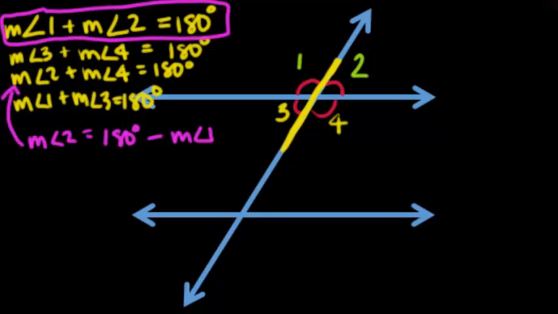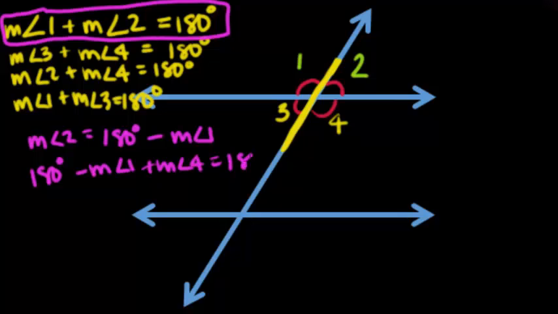And what I can do is then substitute this value into my third equation down. So what I'll get is 180 degrees minus the measure of angle 1 plus the measure of angle 4 equals 180.